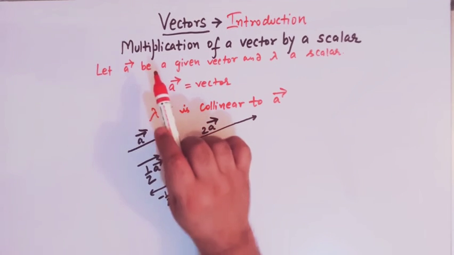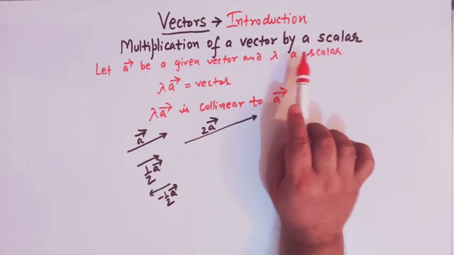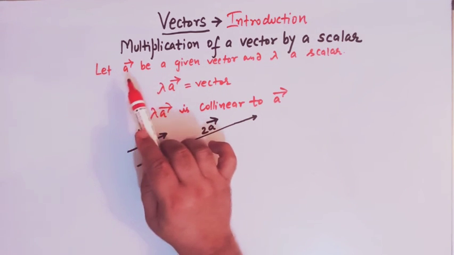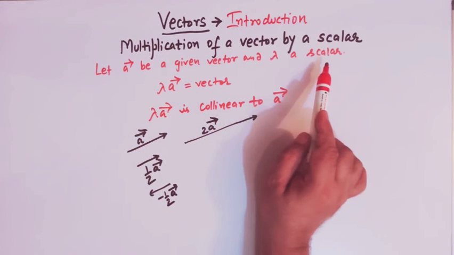Now let us consider the concept of multiplication of a vector by a scalar. Now let A be a given vector and lambda a scalar.